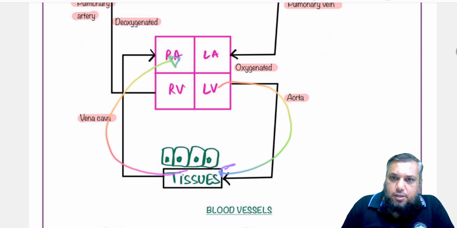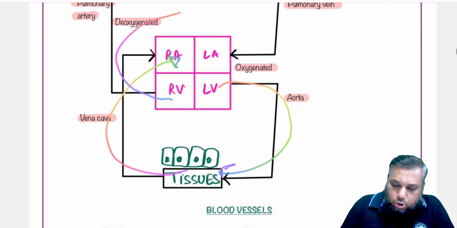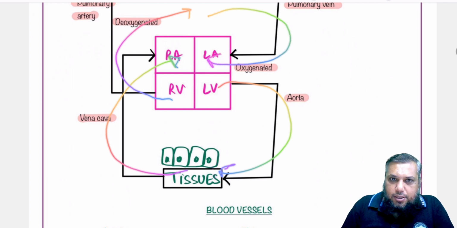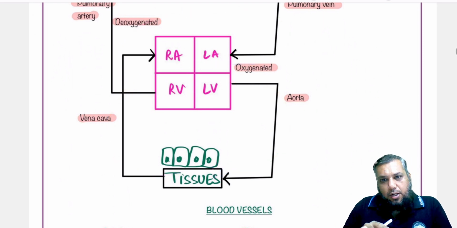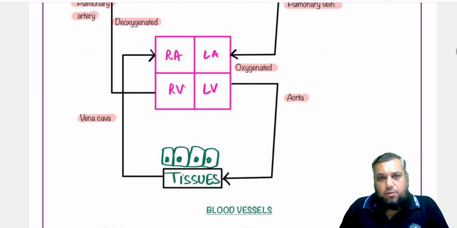This is called the systemic circuit. Now, the deoxygenated blood from the right ventricle goes to the lungs, and from the lungs, the oxygenated blood comes to the left atrium. That is the pulmonary circuit. So, you have got two circuits, the systemic to the body, the pulmonary to the lungs.